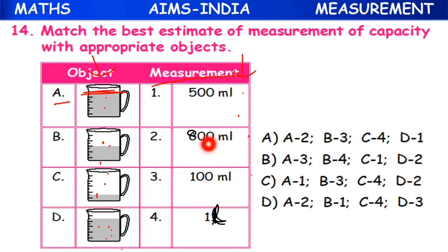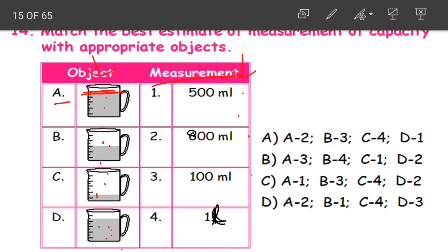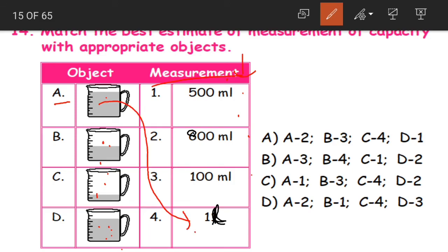So that means how much quantity of liquid is there in object A? In object A we are having the liquid with the volume of 1 liter. It is full, children. It is full, so it is 1 liter.